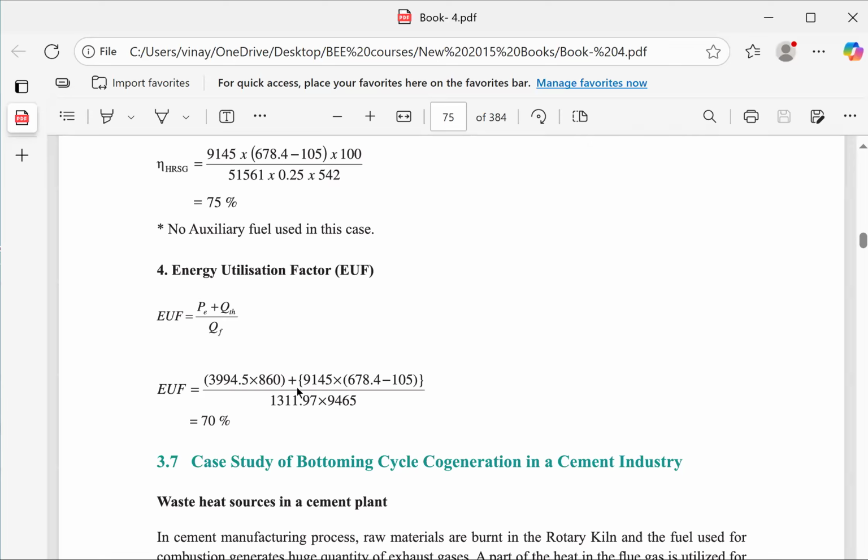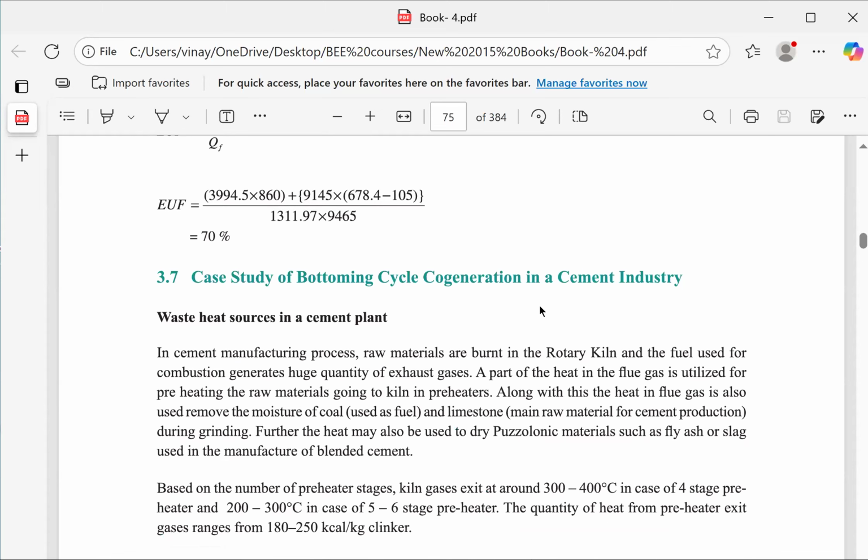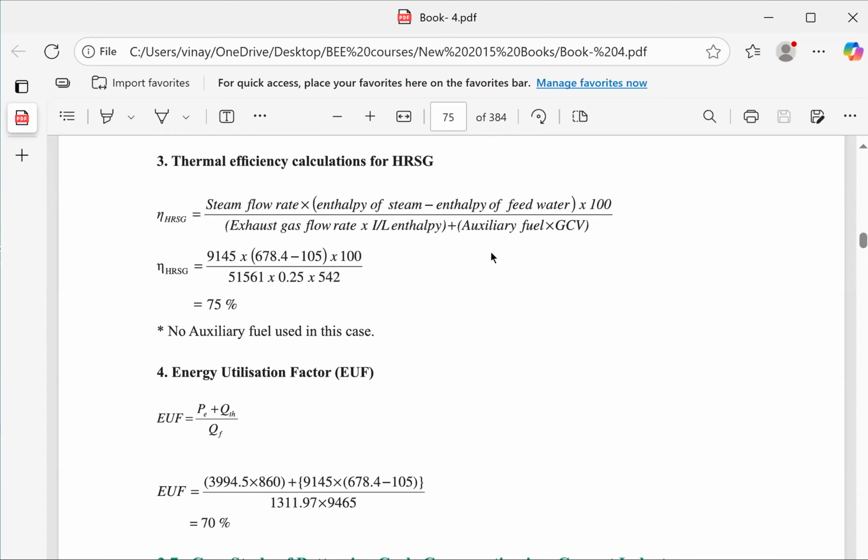Then 860 plus 9145 into this difference, thermal. That is the enthalpy of the steam minus the enthalpy of the feed water going into it. All these values are given here. You just place them in a correct way. So this is one example.